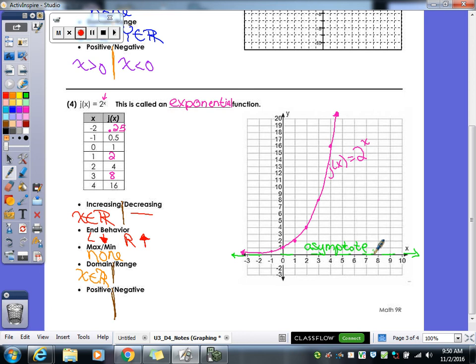What an asymptote is, it means the graph approaches it and gets closer and closer and closer, but will never actually touch or cross that line. So when we write our range, since this asymptote is at 0, that means our range is entirely that y is greater than 0. It will never equal 0 and it will never be less than 0. Even though it looks like it will, it never actually will.